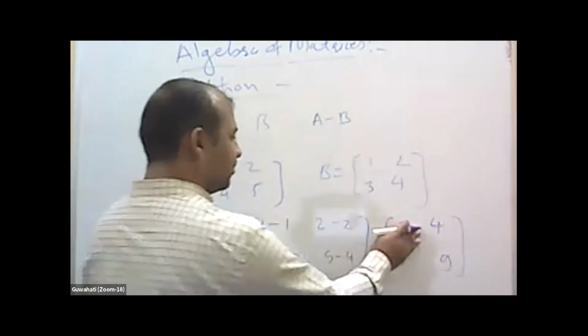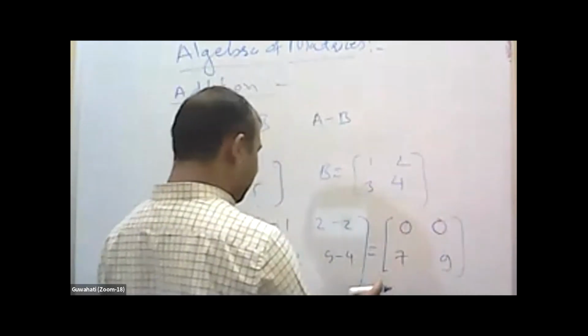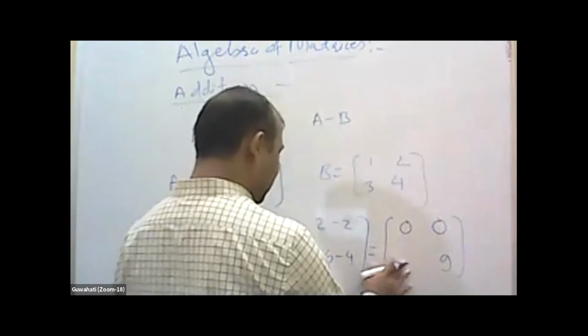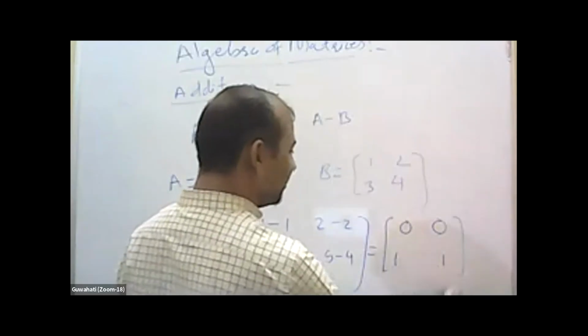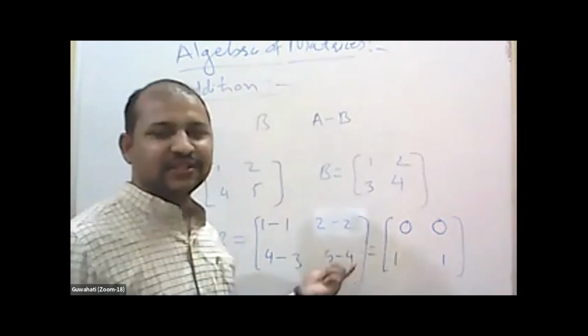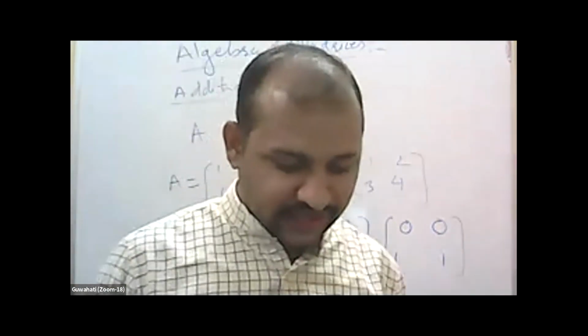This will be 0, this will again be 0, and 4 minus 3 is 1, and 5 minus 4 is 1. So you get this matrix, right? In this way we can define the subtraction of two matrices.